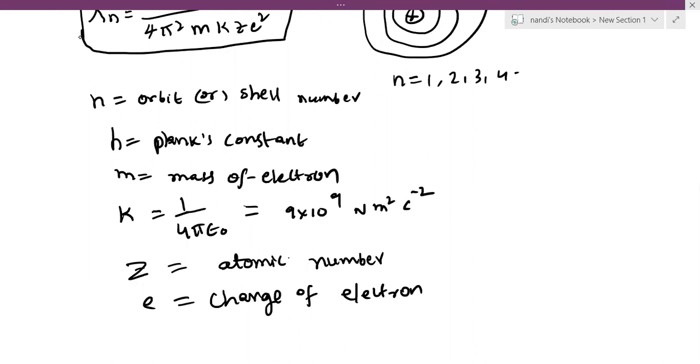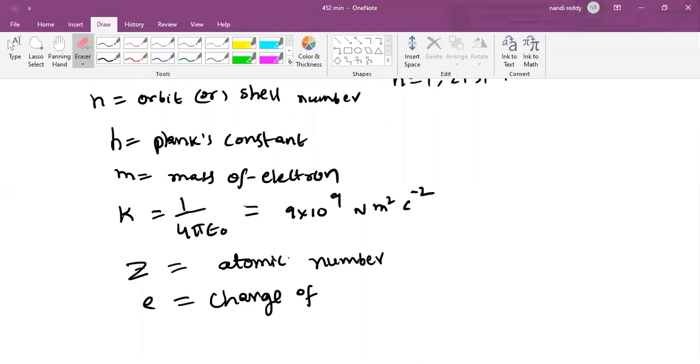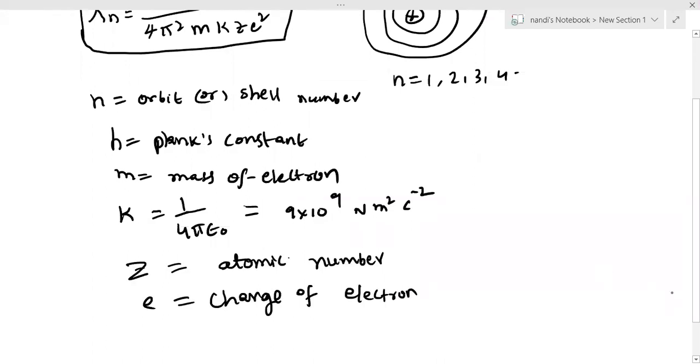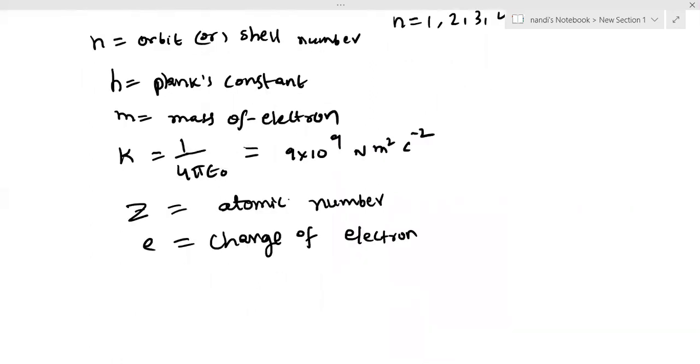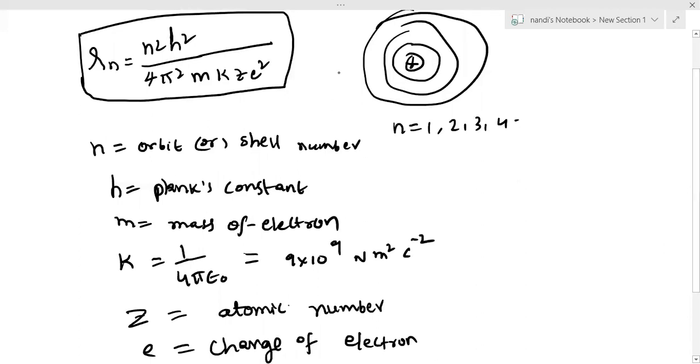Yesterday I gave the derivation, now you are just writing the final equation. R means radius, correct? Radius of the orbit from nucleus.